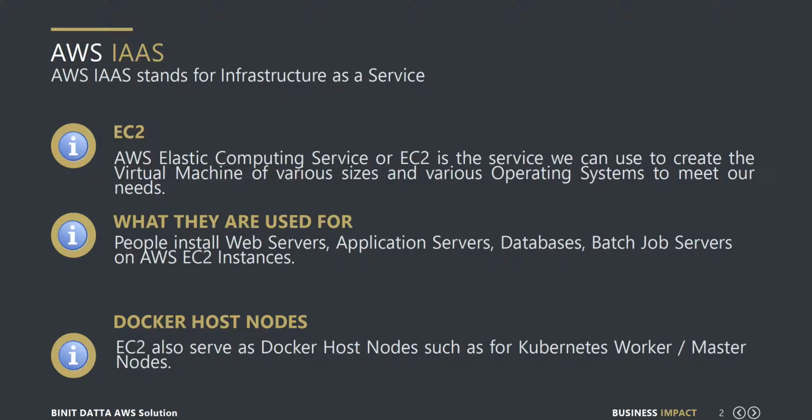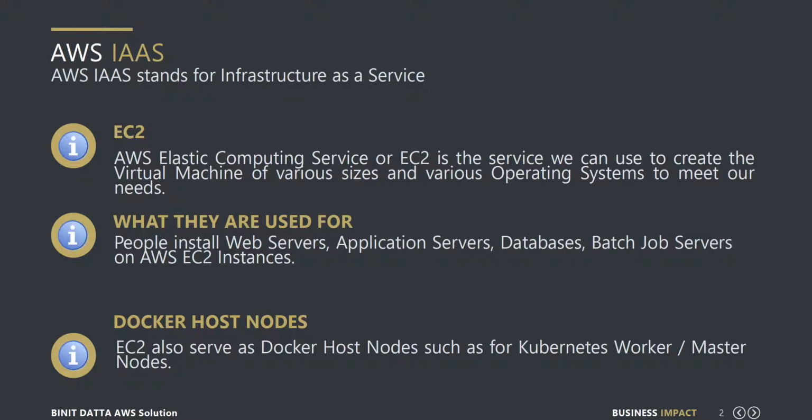So what they're used for: people install web servers, application servers, databases when they do not like RDS, and batch job servers on AWS EC2 instances. Besides, when you choose not to deploy your application to an EC2 instance, but deploy it on AWS ECS, Elastic Container Service, or EKS, which is Kubernetes, the underlying nodes that power these container orchestration services are basically EC2 instances, right?